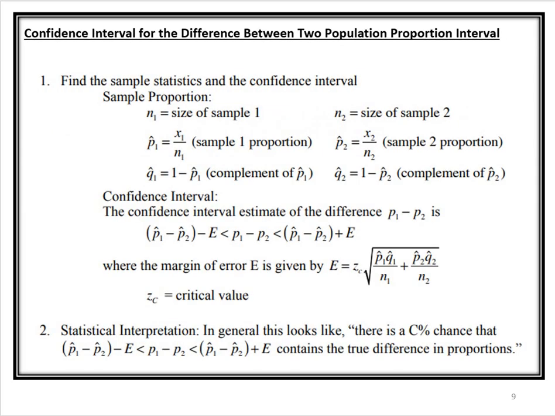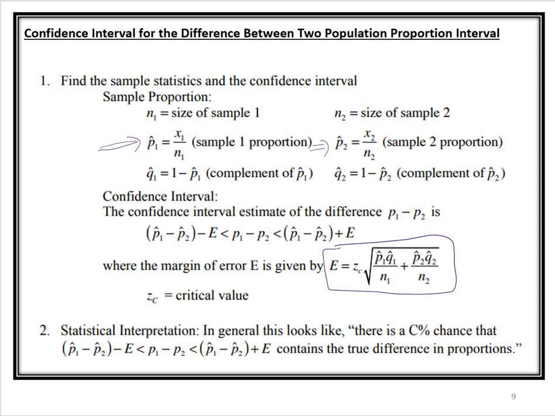And if you want to find the confidence interval for the difference between the two population proportions, it is the same idea. We first find P1 cap, x1 over n1, and P2 cap, x2 over n2. Then for the confidence interval, first we have to find the EBP.